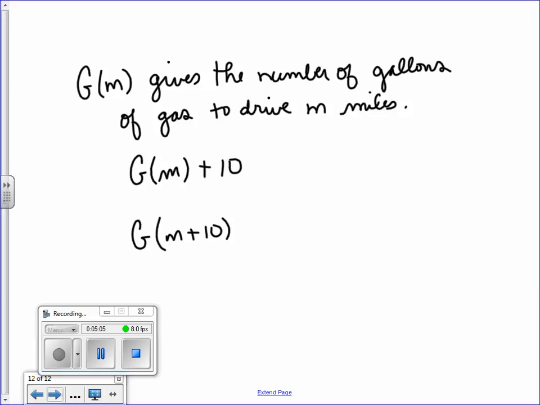So what's different between g of m plus 10 versus g of the quantity of m plus 10? What's different about those two?